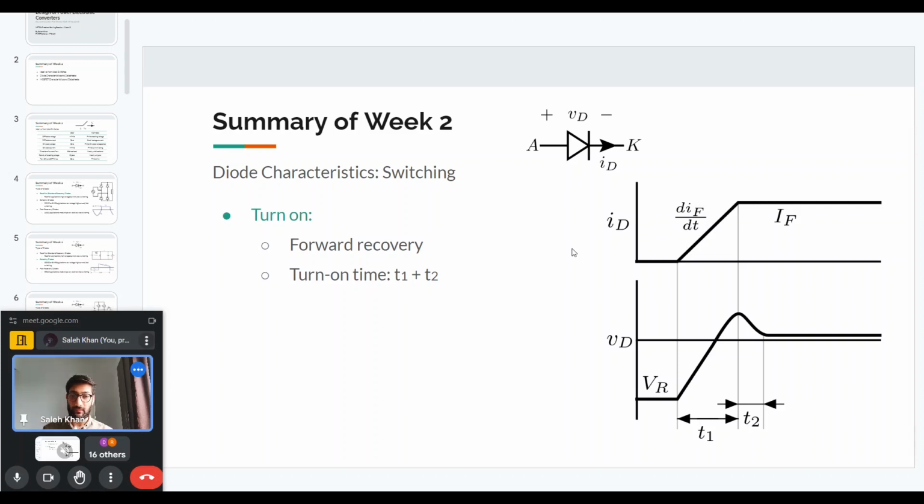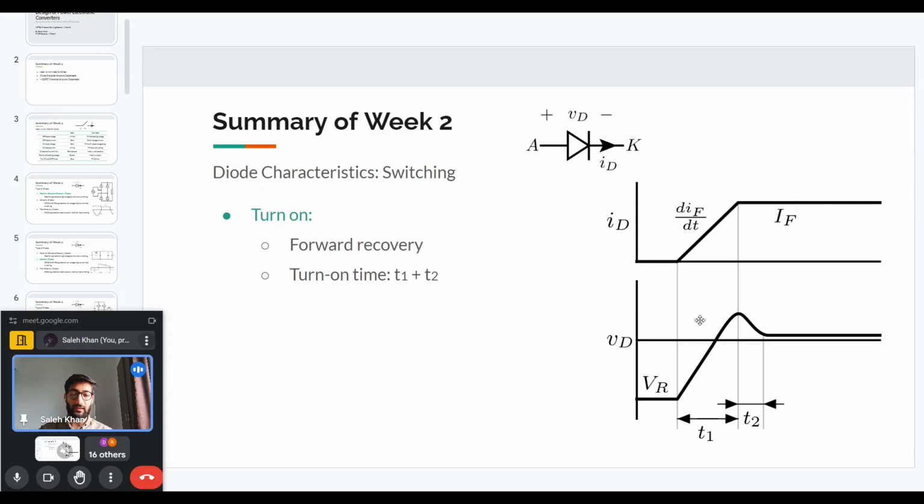So we have an inductor current that is first conducted by another device, and then that second device turns off so that the diode we are studying will turn on and take up that inductor current. And as the current rises, the voltage across the diode will keep on falling and reach zero. But it would not stay at zero. It will actually go beyond zero to a positive voltage. And this is called the forward recovery.